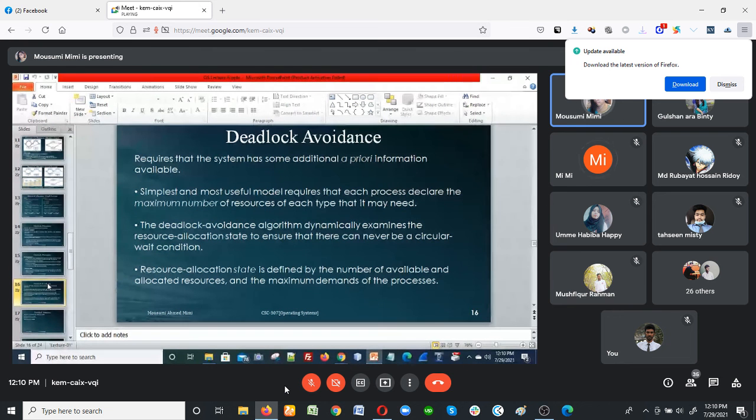So for example, if you need to run NetBeans or Eclipse, at that point of time you definitely need a specific and individual resource, which is the Java JDK. Without that resource, your NetBeans or Eclipse won't be able to run on your operating system.